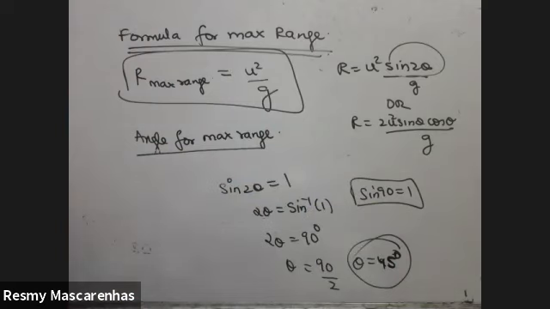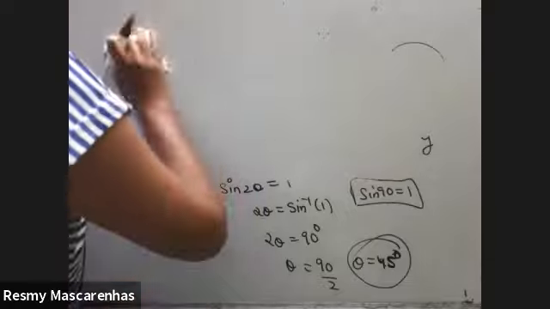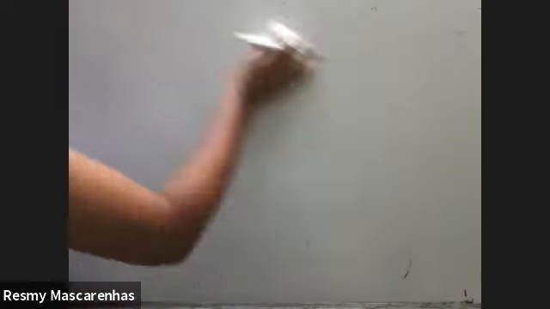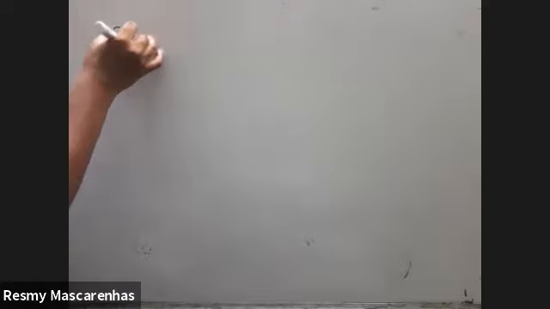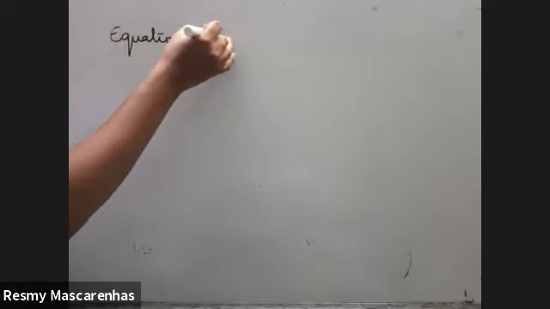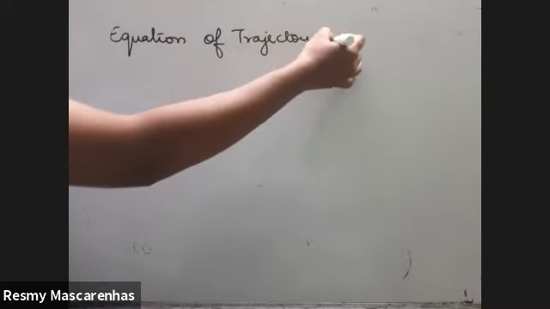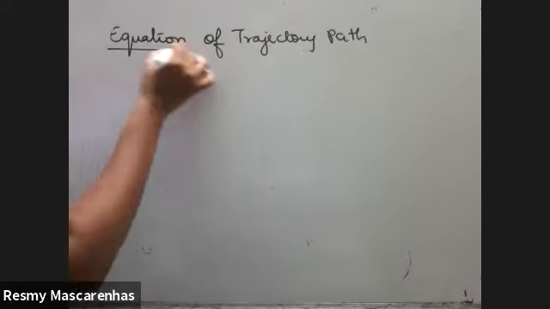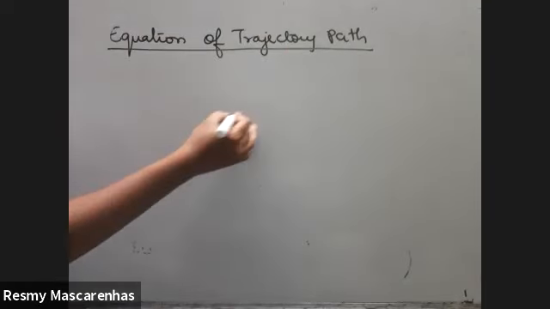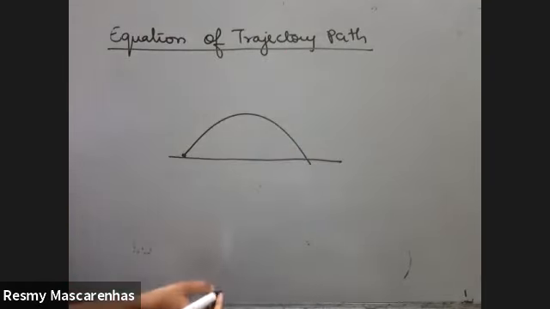Now we'll see what is the equation for any trajectory path. If I'm throwing a ball, sometimes it can fall like this.